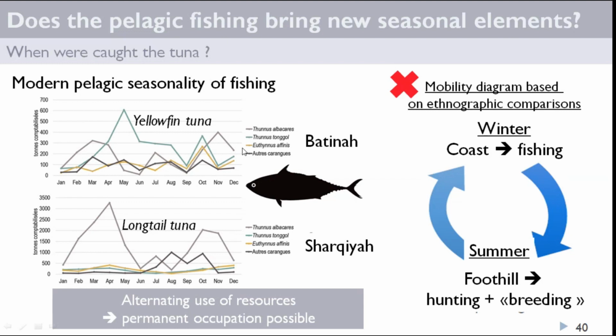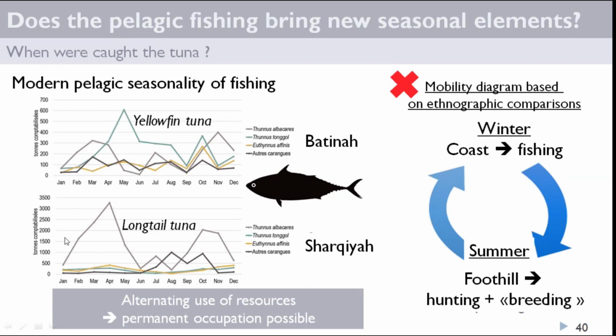And Euthynnus affinis, the one that is yellow, is the kawa. So as you can see, this is not a migratory species. It's present all year on all the governorates in a kind of constant presence, except for a little spot here. But for the real tuna, the longtail tuna, and the yellowfin tuna, which is the bigger one, we can observe some seasonal pattern.